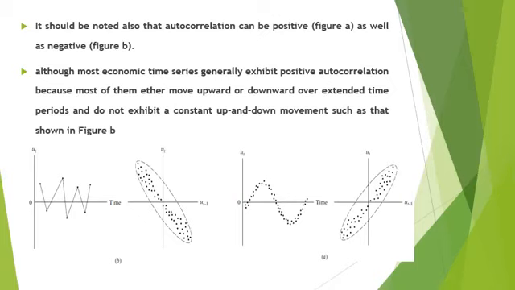That is, positive errors are usually followed by positive errors and negative errors are usually followed by negative errors. Negative autocorrelation occurs when an error of a given sign tends to be followed by an error of the opposite sign. For instance, positive errors are usually followed by negative errors, and negative errors are usually followed by positive errors. Negative autocorrelation is shown in figure B. It is less common as compared to positive autocorrelation.